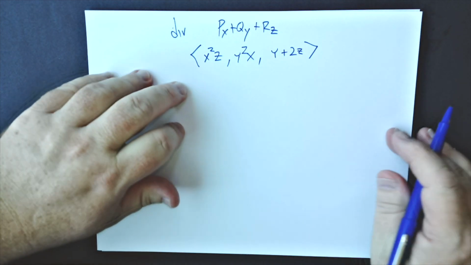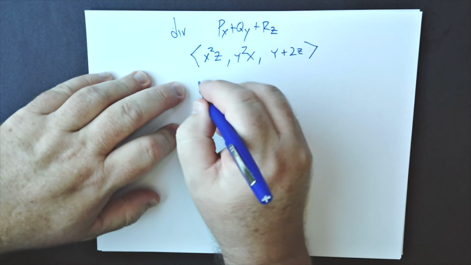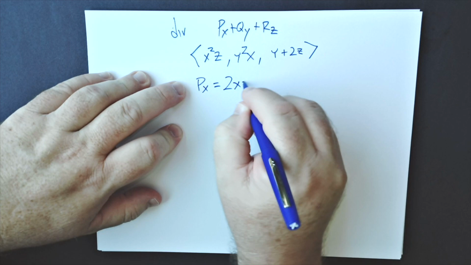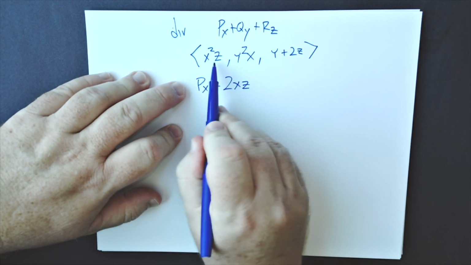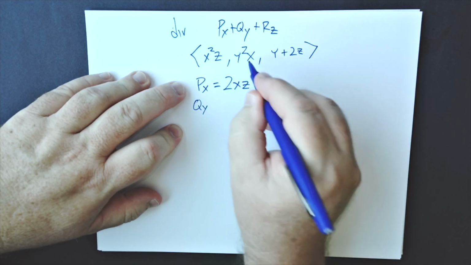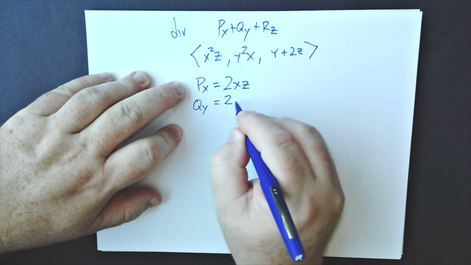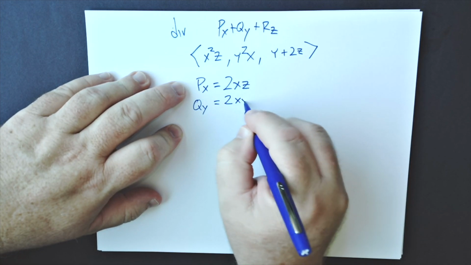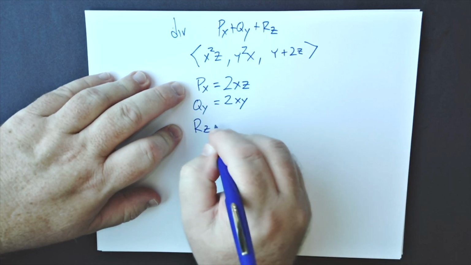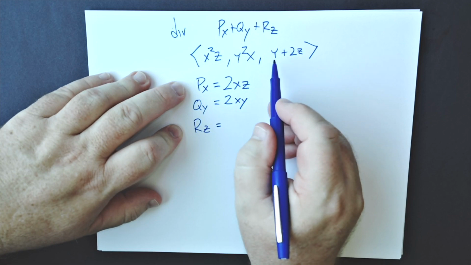We only need to take the derivative with respect to that. So the P with respect to x is going to be 2xz right here. And then the Q with respect to y is going to be, I'm going to put it in the right order, 2xy. And lastly, the R with respect to z, this is plus, right?